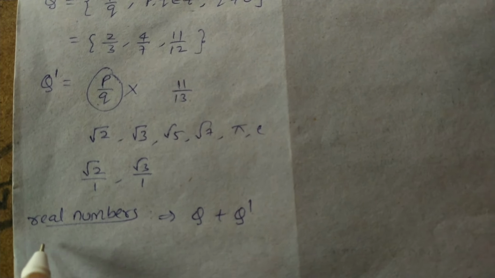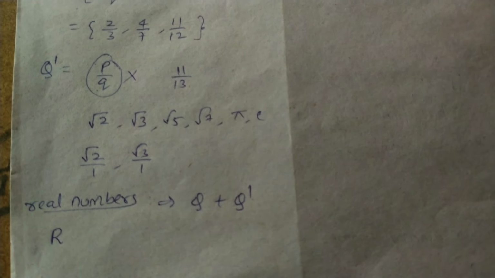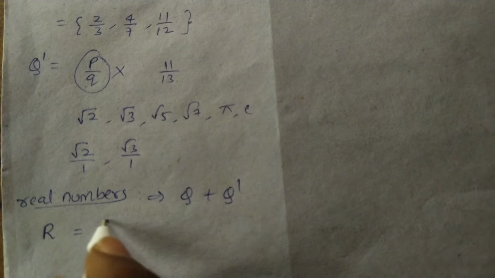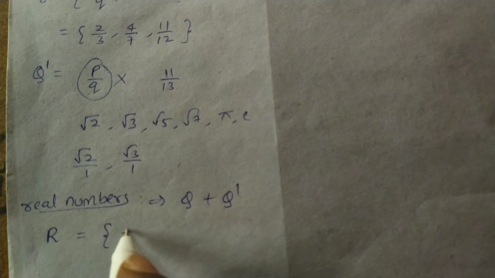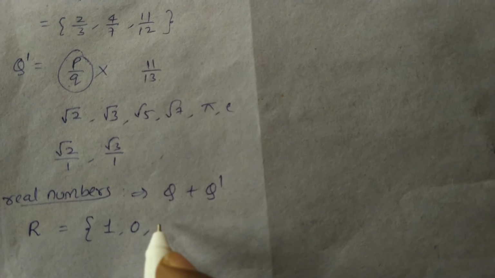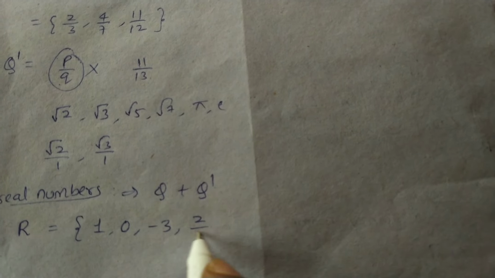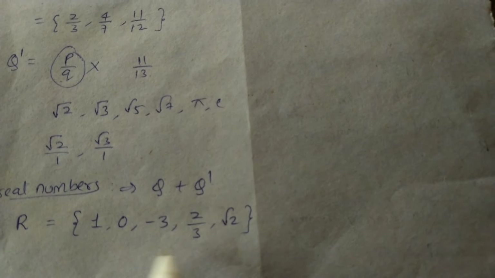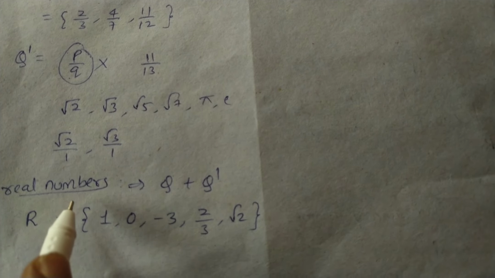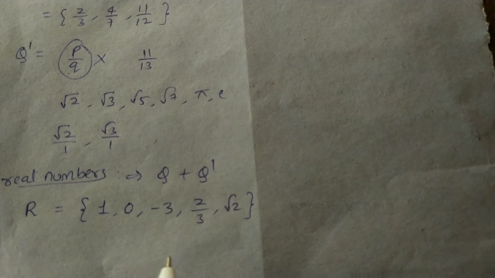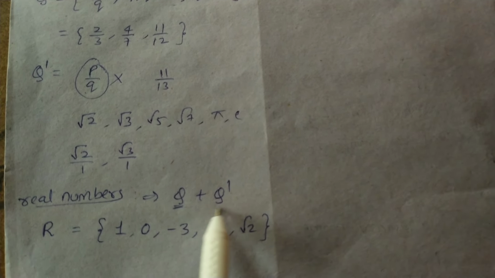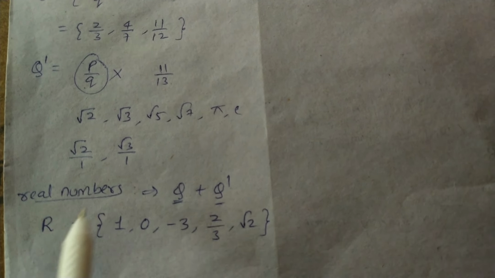We denote real numbers by capital R as a set. So in real numbers you can include natural numbers, whole numbers, integers, rational numbers, and irrational numbers also. All these together constitute the real number set. Clear?